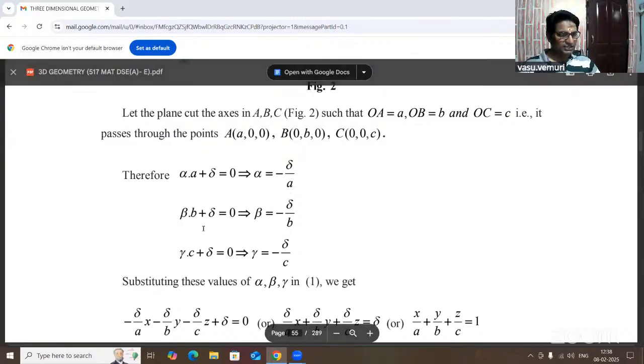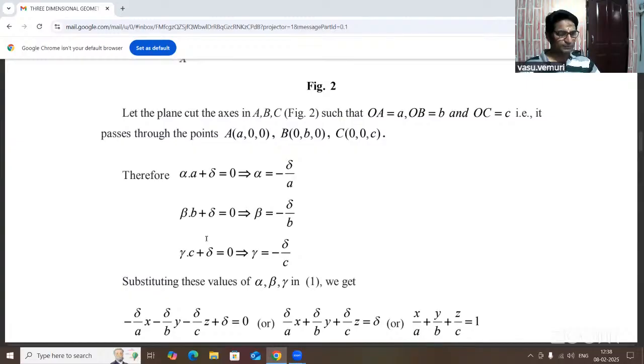And the C point is also substituted in the expression: gamma c plus del equal to 0, because the x and y coordinates are 0. So the gamma value is minus del by c.